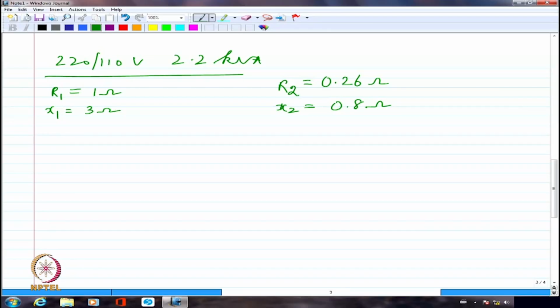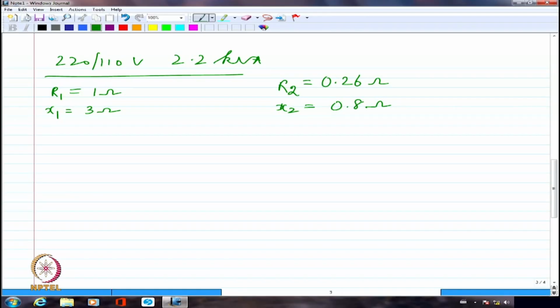Always remember, if I am transferring from high voltage side to low voltage side, then it will be 1 by turns ratio the whole square, where the turns ratio is greater than 1 again. Whenever I am transferring it to the higher voltage side, I have to always multiply by a factor which is greater than 1, whole square.